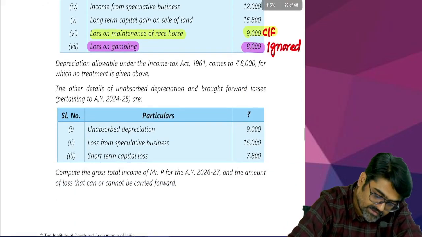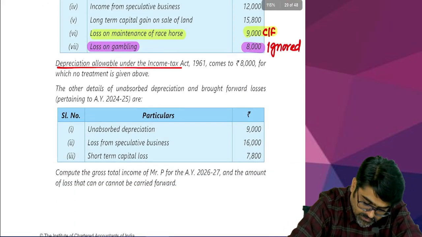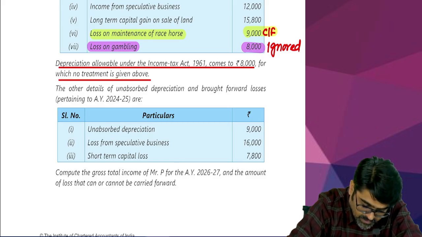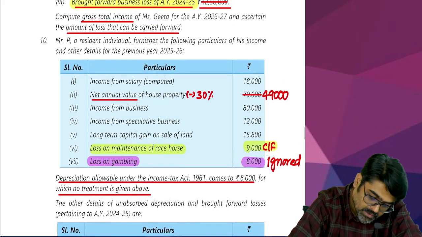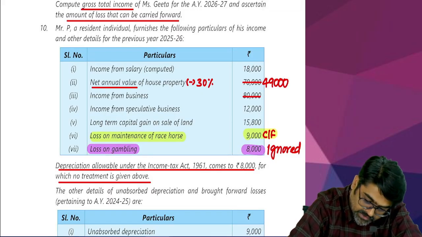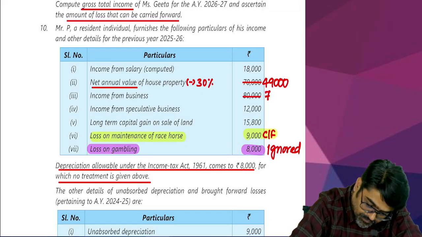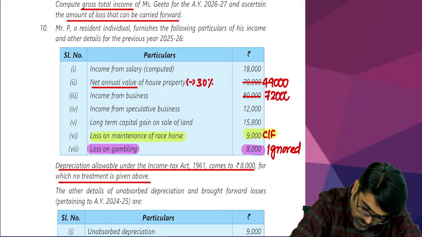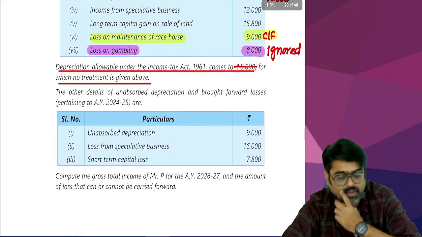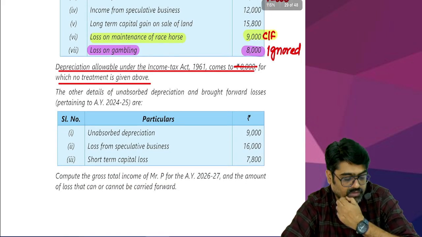Then depreciation allowable under the Income Tax Act comes to 8,000, for which no treatment is given above. So can I say, in your income from business of 80,000, first you will set off the depreciation of 8,000. It will become 72,000. Done, sir. So this 8,000 will go.